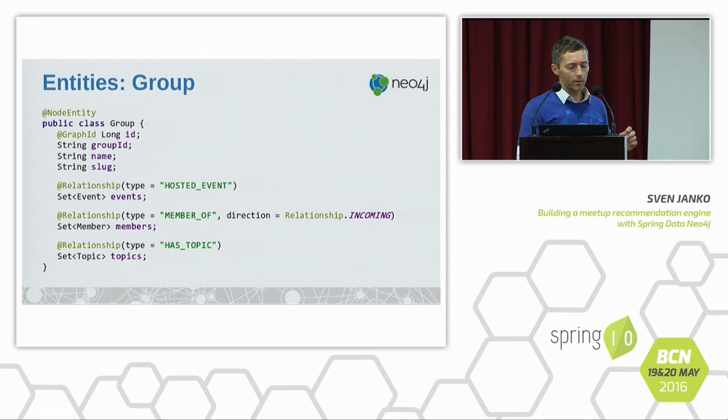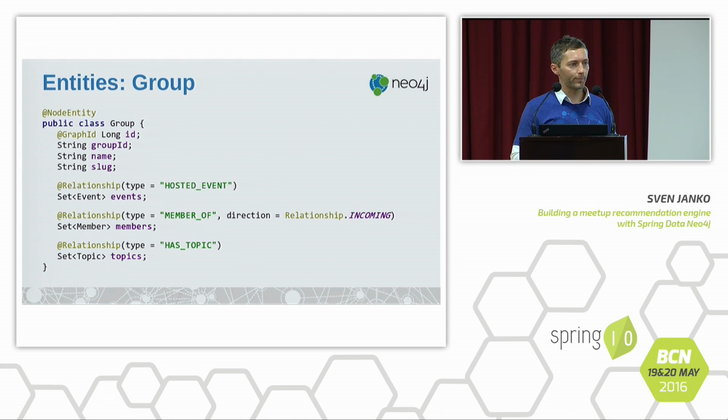And now we know that a group is connected via the relationship type hosted event to some events. So we see that we are using the set type here for our member and saying it's a set of events.